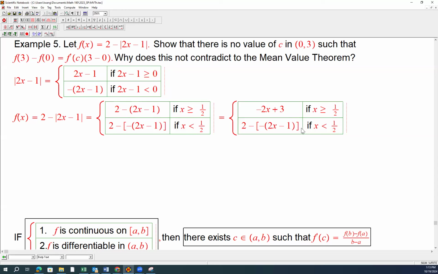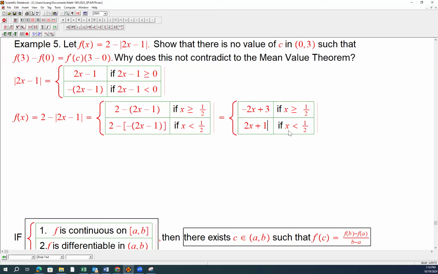And this one here, if we simplify, negative and negative makes positive, so we have 2x plus 1. You can work on your scratch paper to verify that.